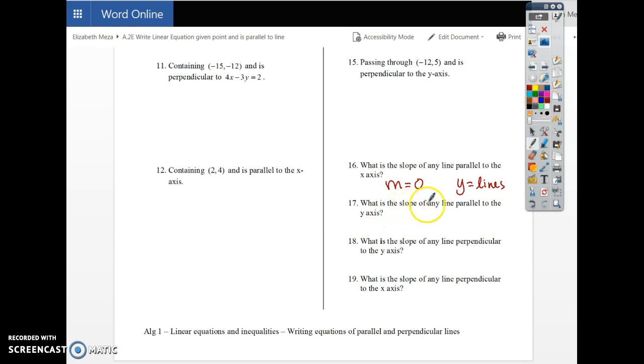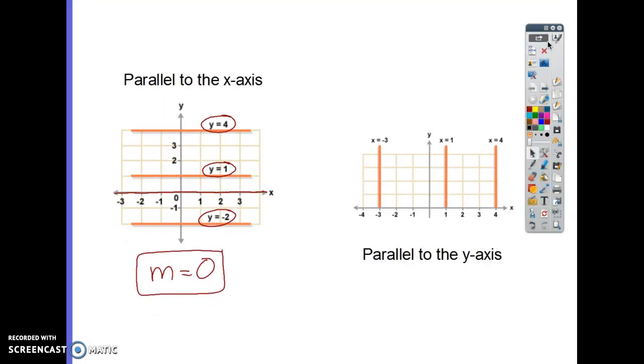What is the slope of any line parallel to the y-axis? Well, let's look at our notes. These lines are all parallel to the y-axis. This is the y-axis. All the orange lines are parallel to that. What type of slope are those lines? Undefined.